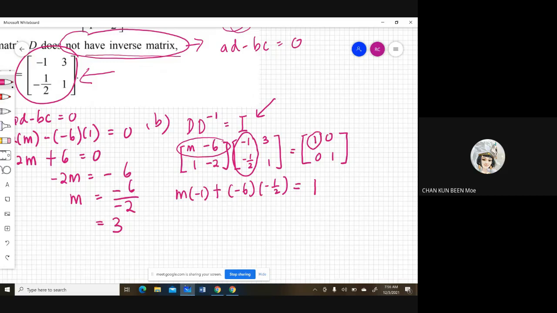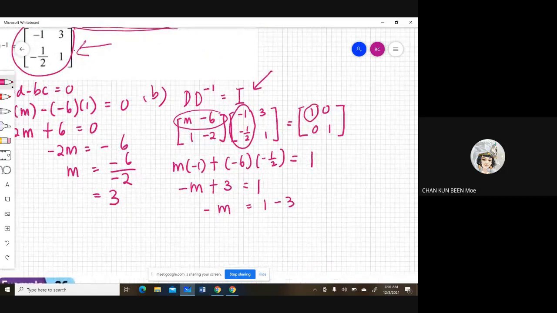So M times -1 is -M, and then -6 times -1/2 is +3 equal to 1. So your -M is equal to 1 minus 3. 1 minus 3 is -2. So to change your M to positive, it is equal to 2.